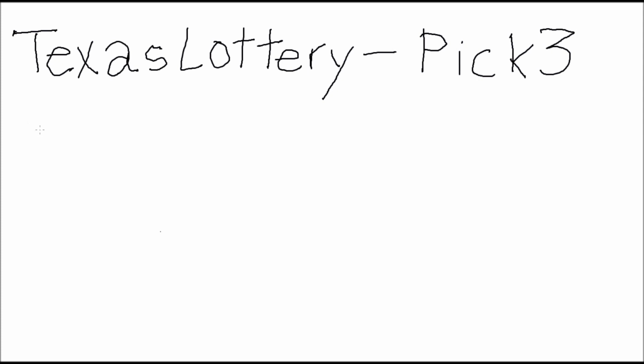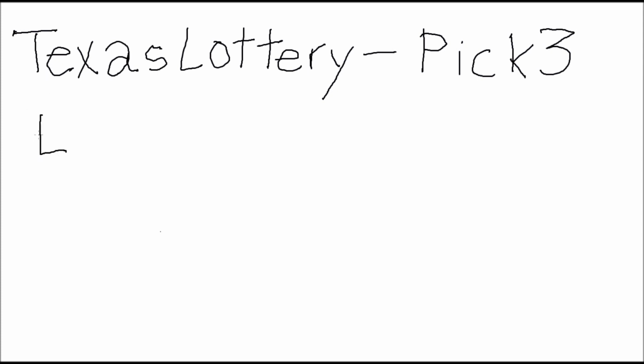So in the Pick 3 game, the player and the lottery will pick 3 numbers from 0 to 9 with replacement. With replacement means that after a number is picked, they put that number back in the drum and it can potentially be picked again. So first let's talk about the exact bet.